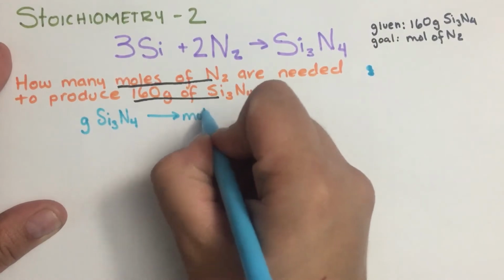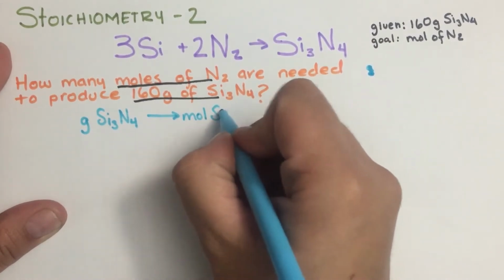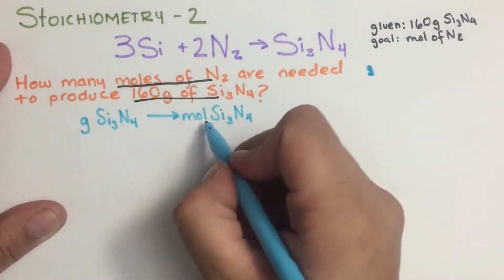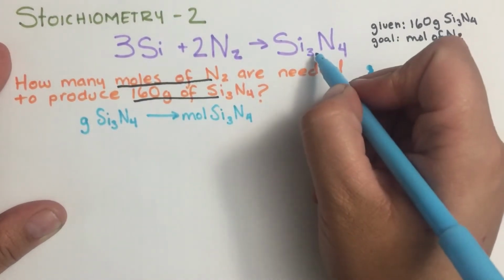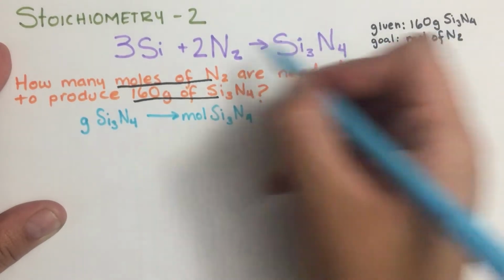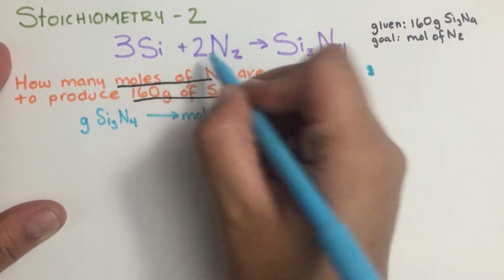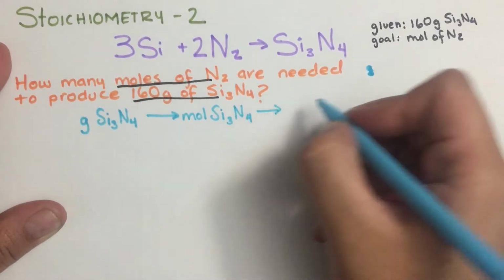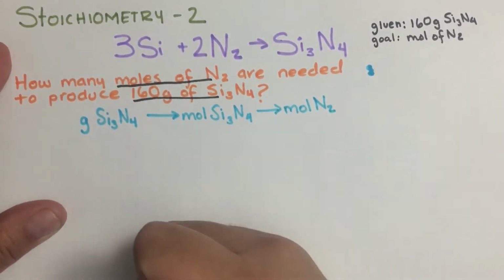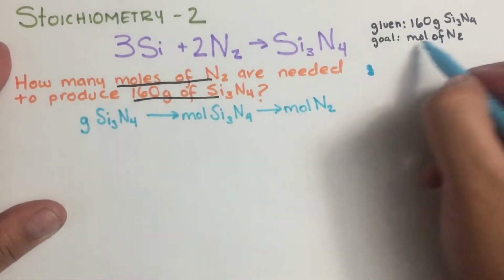So you're going to go to moles of the same thing. Now that you're in moles, you can definitely use your reaction to go from this compound to the one that is in your goal. So moles of nitrogen.